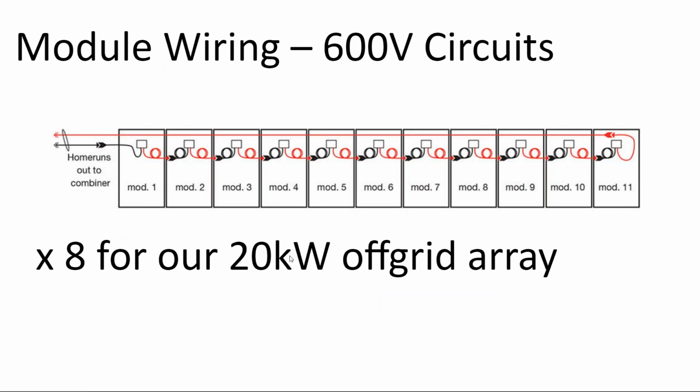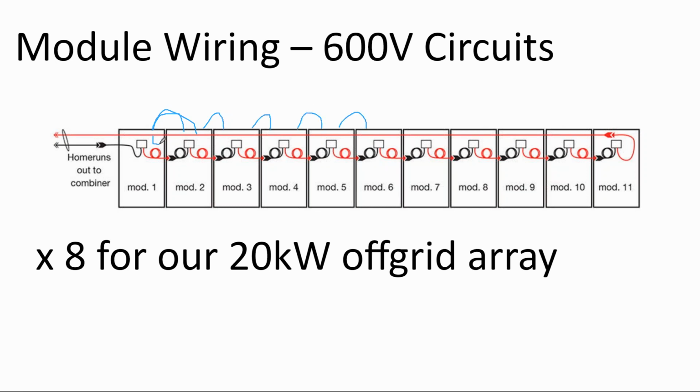This is an interesting one with respect to cable management. On a residential rooftop, you are typically installing it so that one solar module is plugging into its next-door neighbor. So positive, negative, positive, negative, positive, negative.